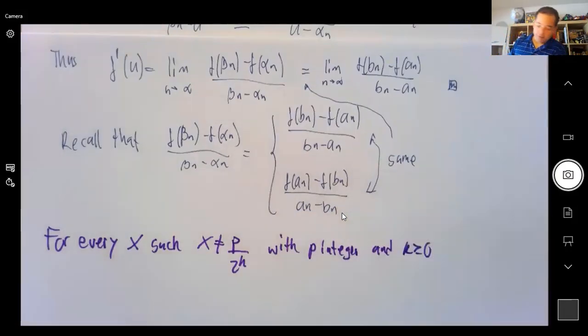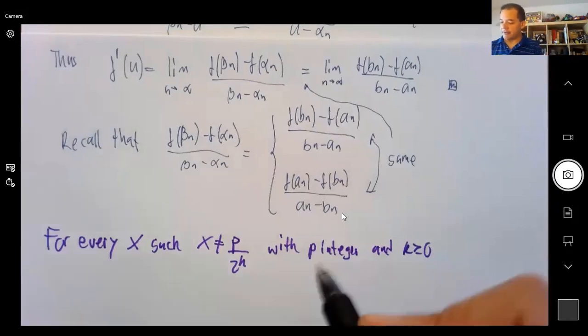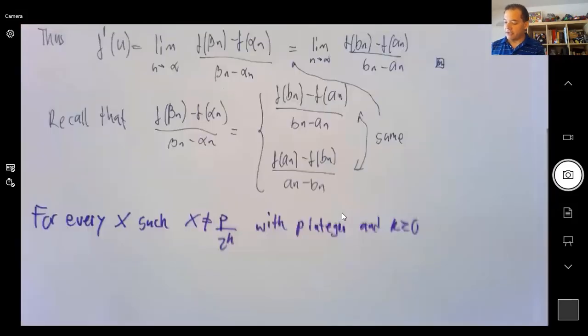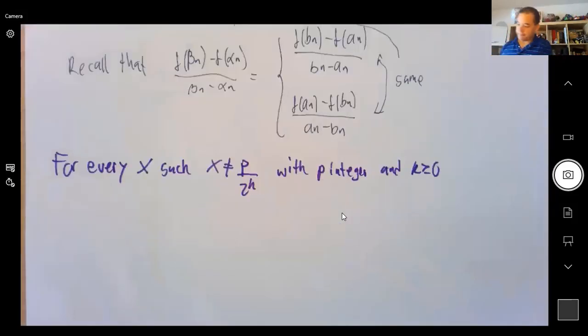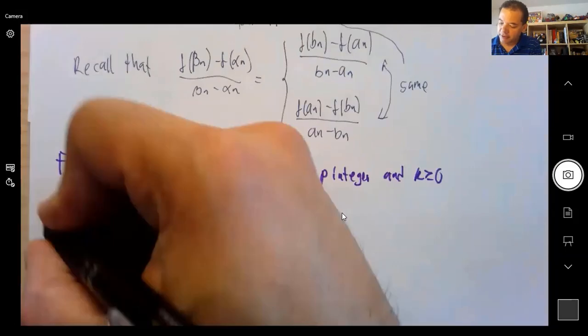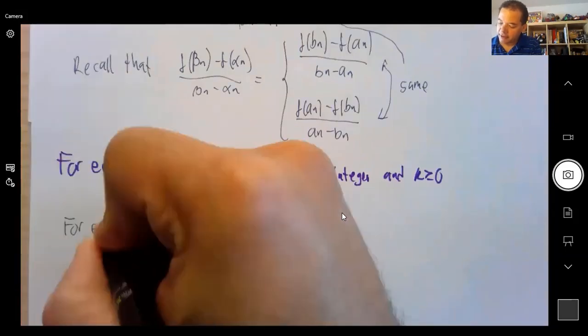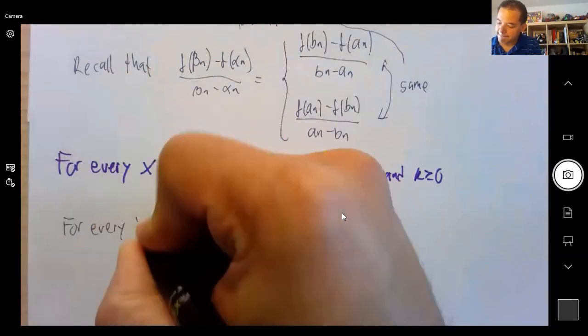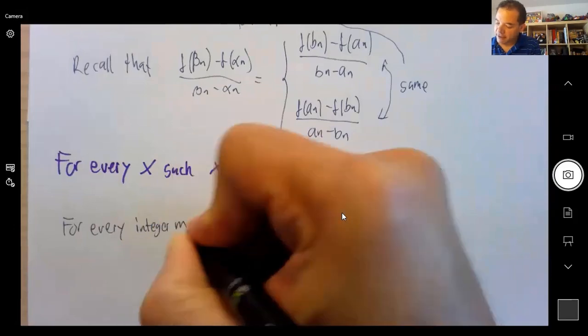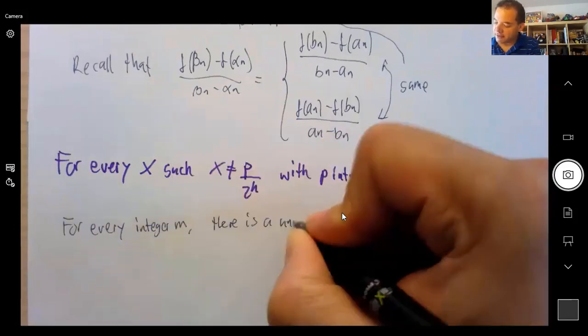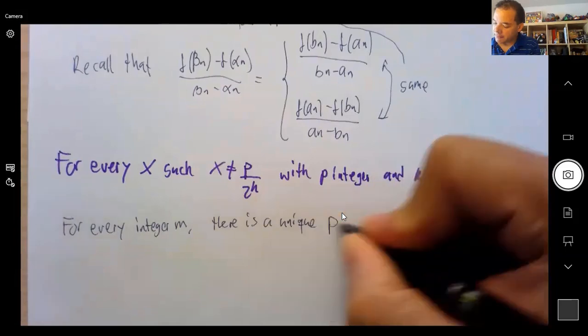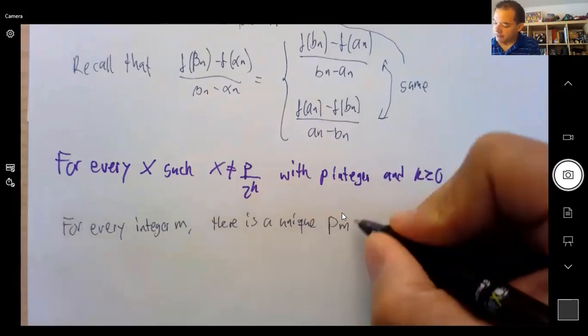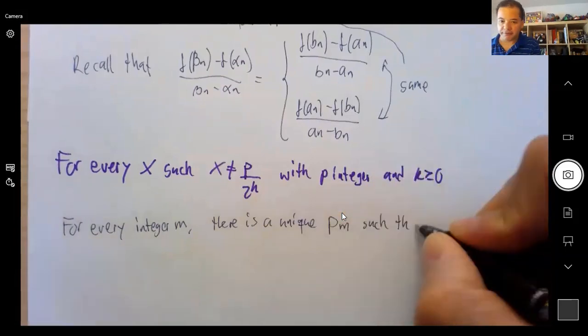For every one of these, you can do the following, right? Because it's not one of these guys, you can find, for every integer m, there is a unique pm such that this happens.